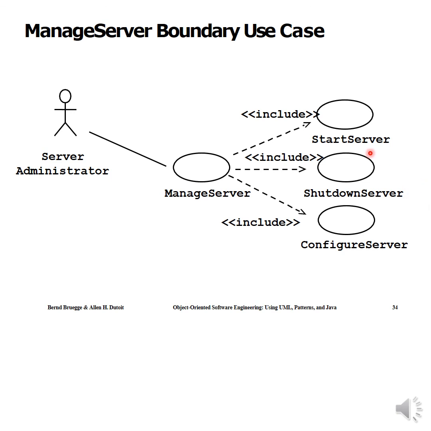Start server is basically part of manage server. So adding use cases to the existing MyTrip use case model has no effect on subsystem decomposition, in that no new subsystem is added to handle these use cases.